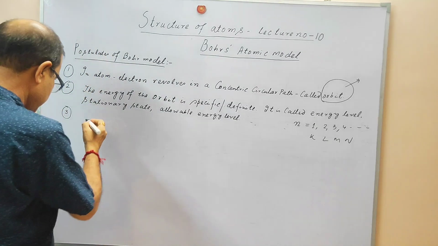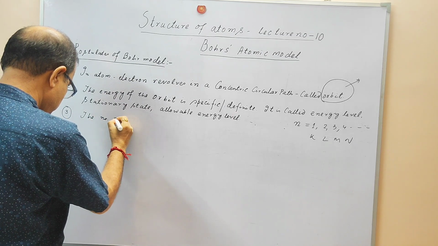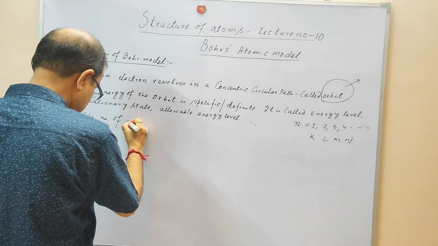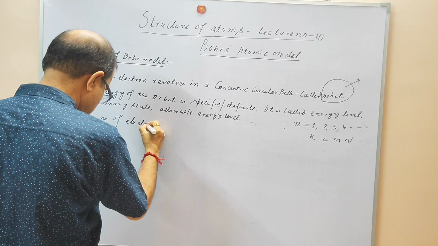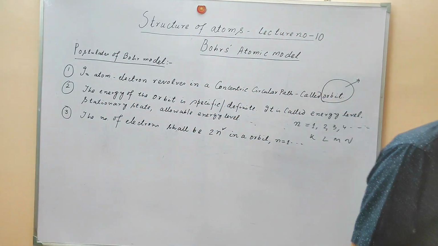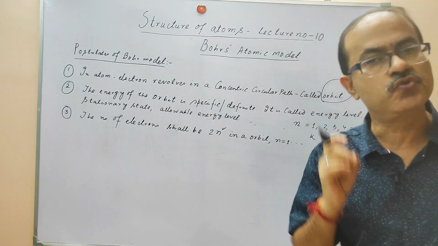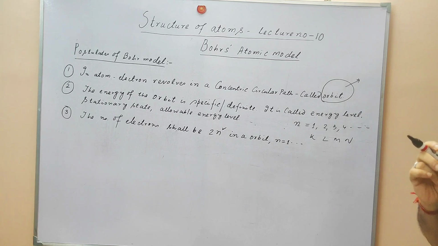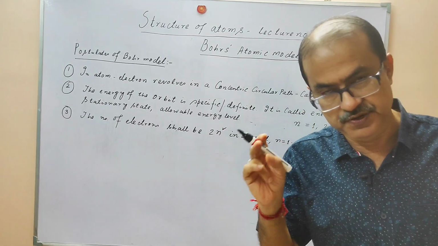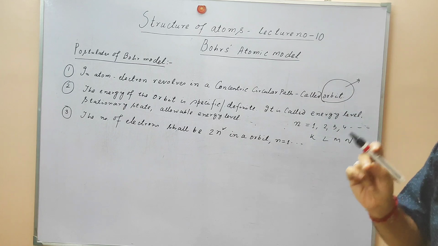The third postulate says the number of electrons in an orbit will be 2n square, where n is the number of the orbit. When it is the first orbit, it will have 2 electrons. When it is second, it will have 8 electrons.